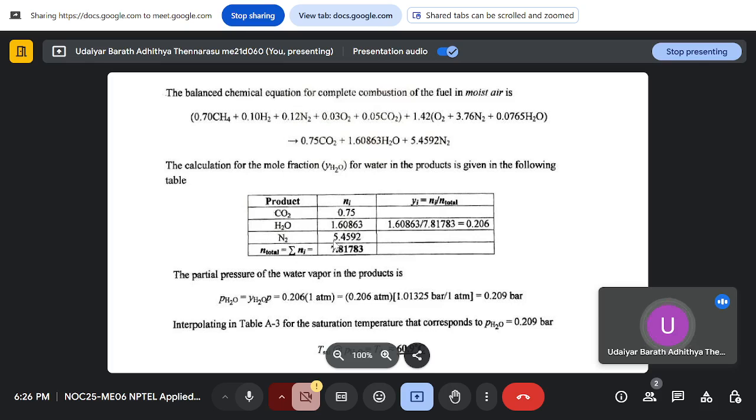Adding up, we get the total number of moles in the products as 7.81783. So for water, the mole fraction is 1.60863 divided by the total moles 7.81783, which gives you 0.206. So 20% of the product is water.